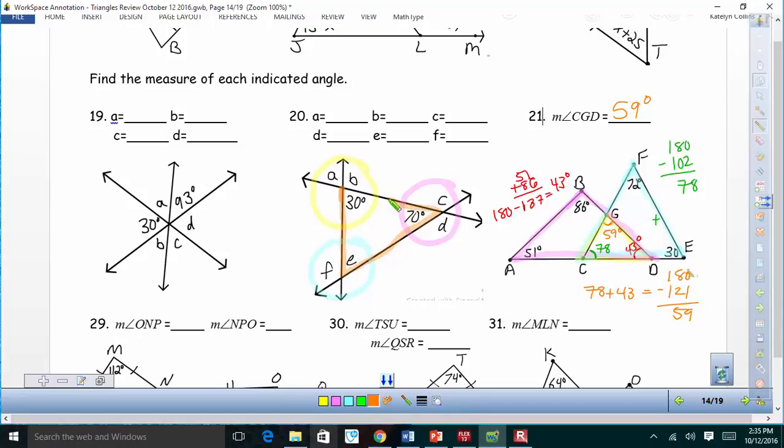What does this make? A triangle. So we would add 30 plus 70, which would give me 100. And I would subtract from 180 to find that third angle. And so E would be 80 degrees. Does that make sense? Yes. Okay, any other questions?